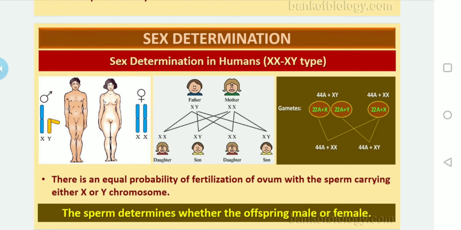So the sperm determines whether the offspring becomes male or female. This is how we can identify the sex determination in humans, and it is easy to understand also.